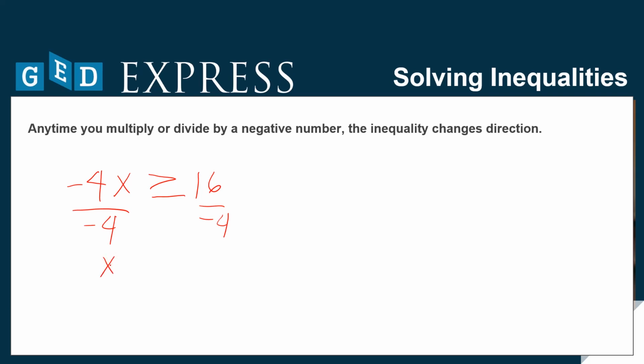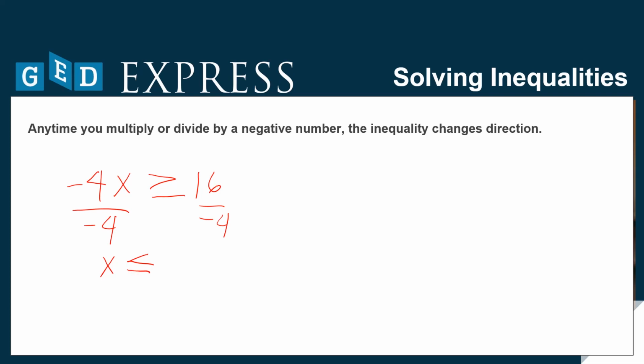Now, note this special rule that says anytime you multiply or divide by a negative number, the inequality changes direction. So the greater than symbol will change direction, and the equal sign will still remain.